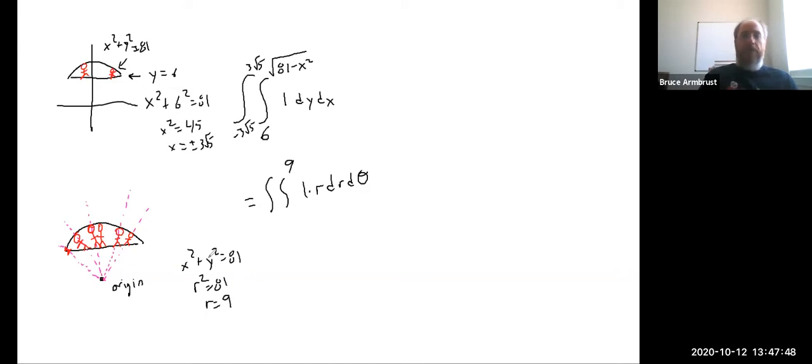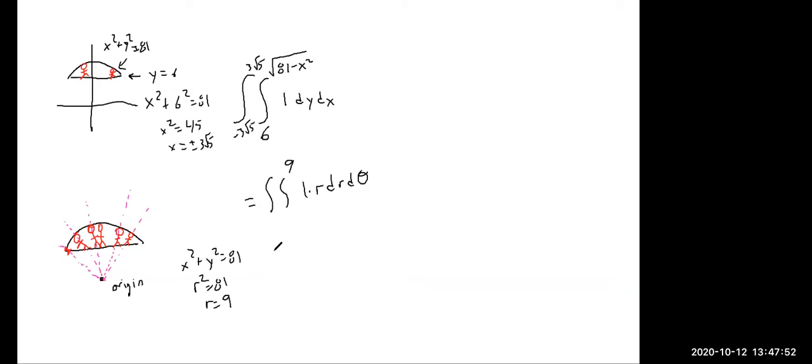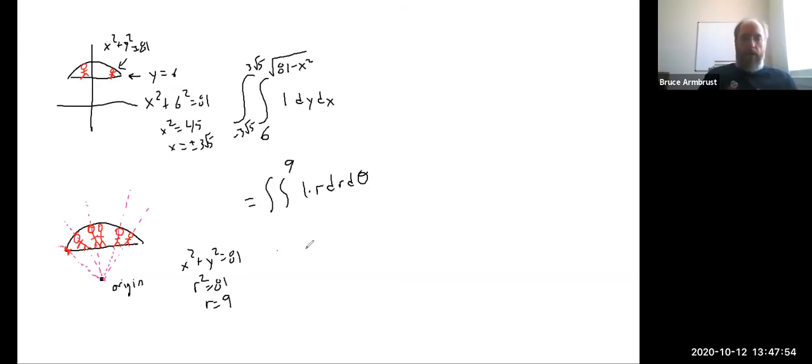Now, if we go to the feet, they're given by y equals 6. So here we got to convert again. We're going to have r sine of theta equals 6. So again, we need to solve this for r, right? Because we're doing a dr, d theta. So r is going to equal 6 over sine of theta.